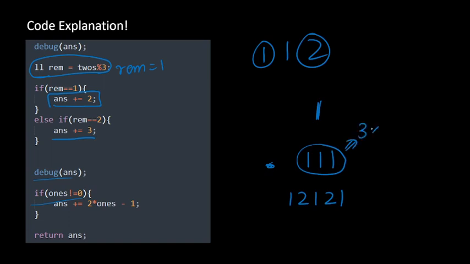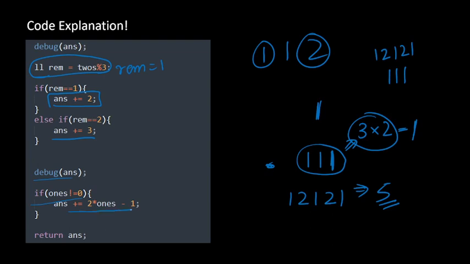That is 3 into 2 minus 1, because you didn't add a 2 for this last one, so that gives you 5. So you have to also add this, just in case you have ones left. The answer is adding a 2 for this one, adding a 2 for this one, and not adding anything for this. So basically adding for all minus 1, because you didn't add for the last 1. We have to add this into the answer.